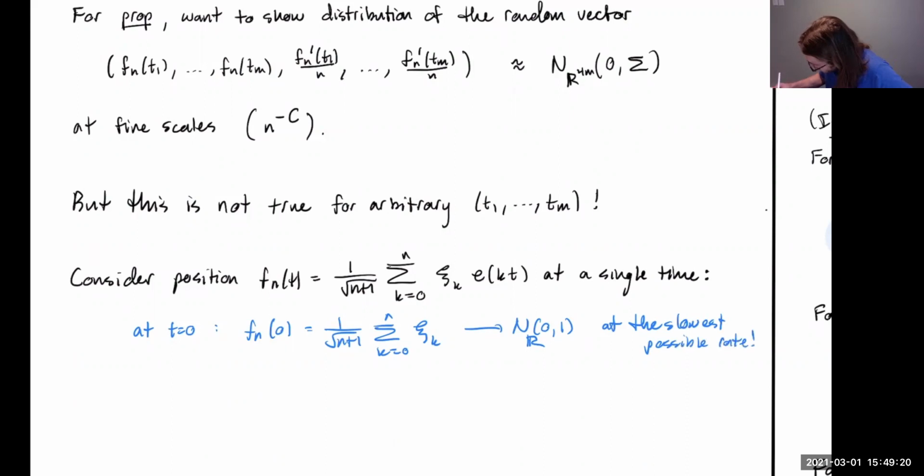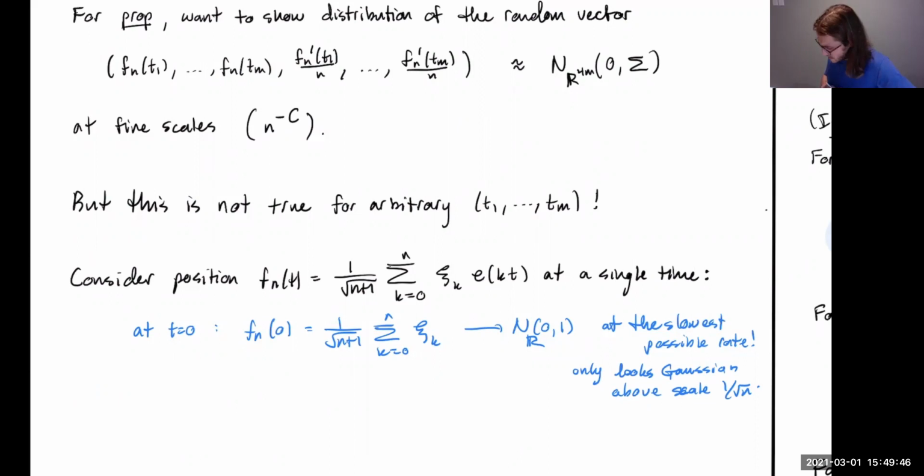This distribution only looks Gaussian above scale 1 over root n. You do have that guarantee from the Berry-Esseen theorem. But apart from that, once you zoom in further, it doesn't look Gaussian anymore.